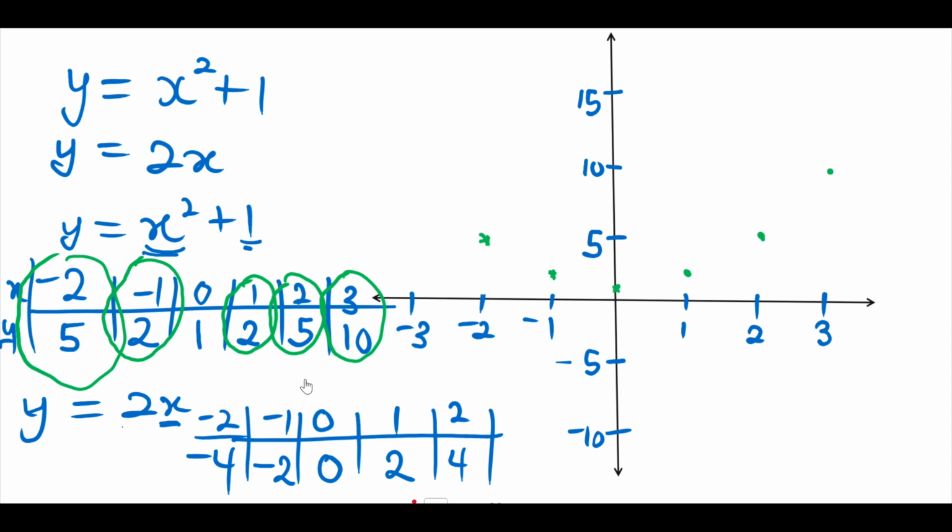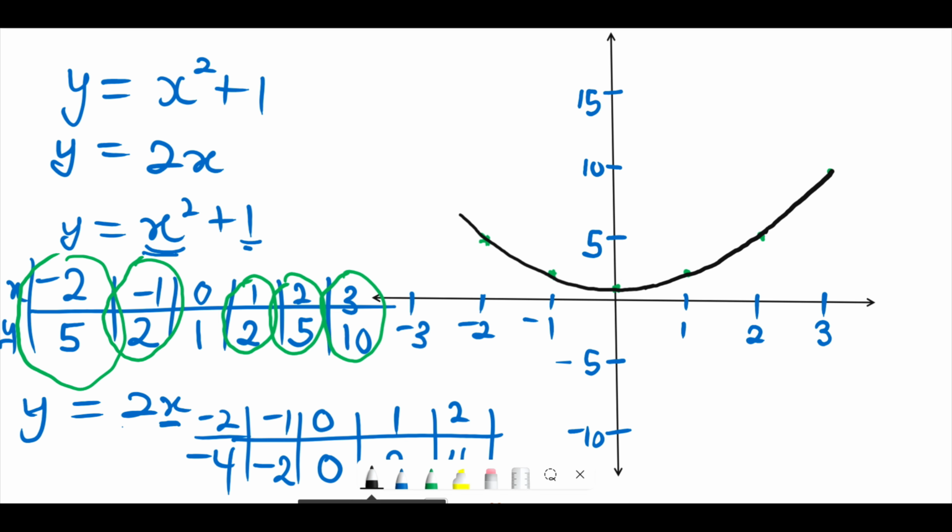This is the graph for y is equal to x squared plus 1. So we write y is equal to x squared plus 1 here.